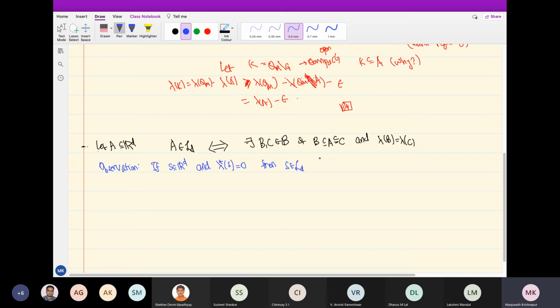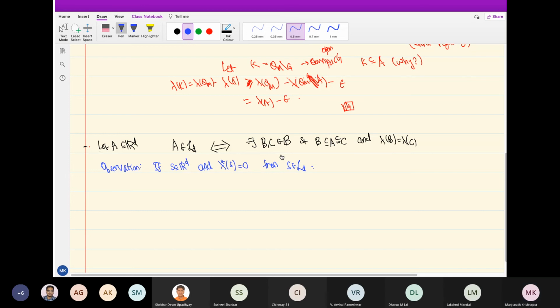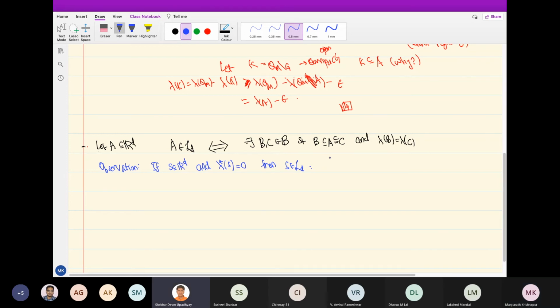Okay, so this is a basic simple observation. So why is this true? Why does any set with outer measure 0 belong to the Lebesgue sigma algebra? It will trivially satisfy the Carathéodory cut condition.